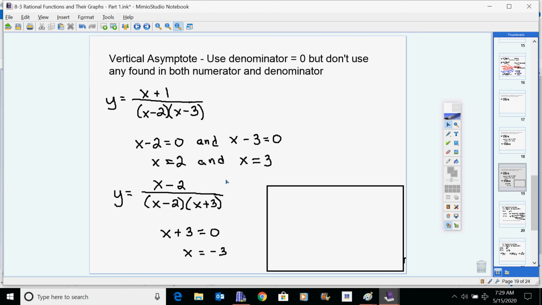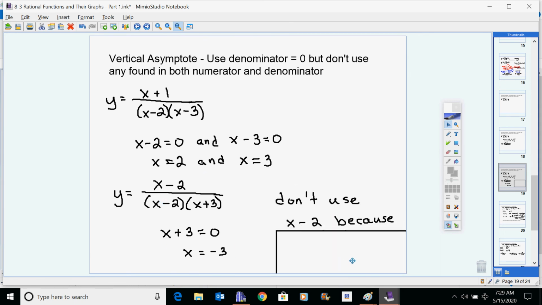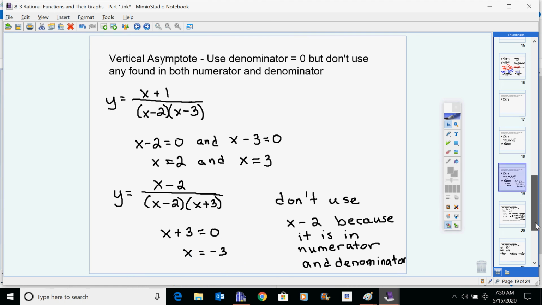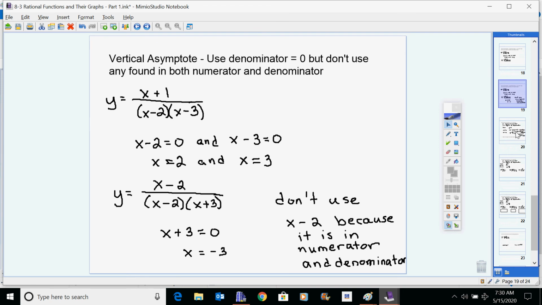That's a vertical asymptote. But remember, since this one cancels out, that one's removable. So that would be just a point. It would be just a hole. So there's not an asymptote there. There's only an asymptote on the ones that can't be canceled out. So here, these would be our vertical asymptotes. Here, just x equals -3 because the other two could be canceled out.